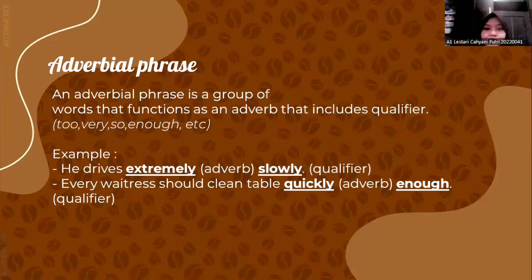In this example, extremely is the qualifier and slowly is the adverb. And the second, every waitress should clean the table quickly enough. In this example, quickly is the adverb and enough is the qualifier.